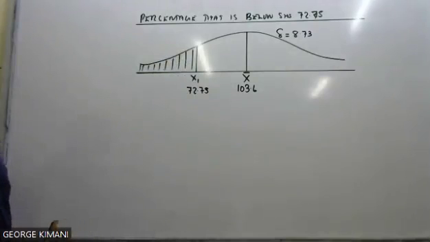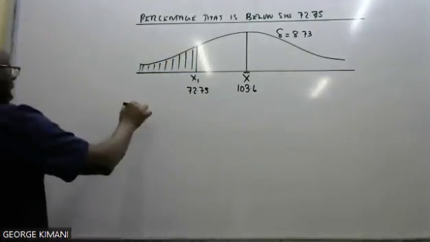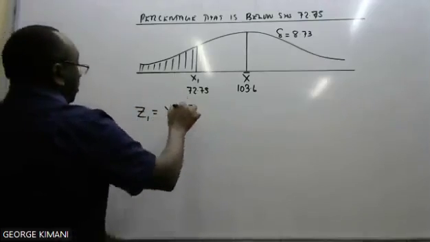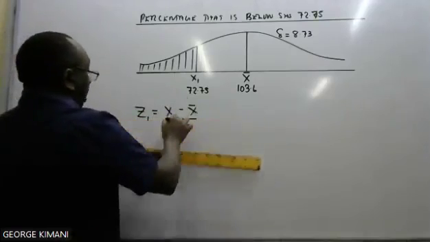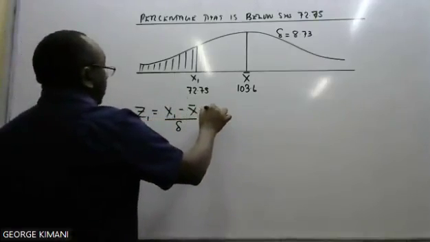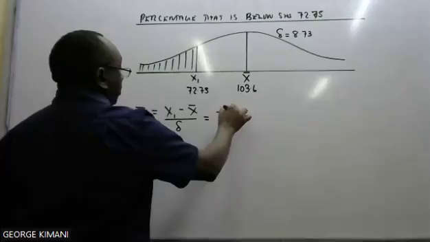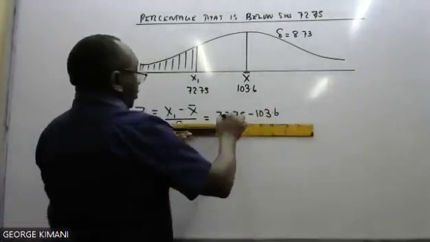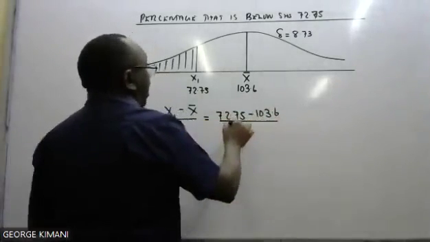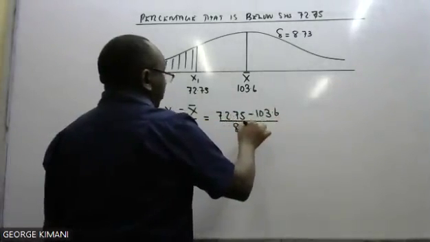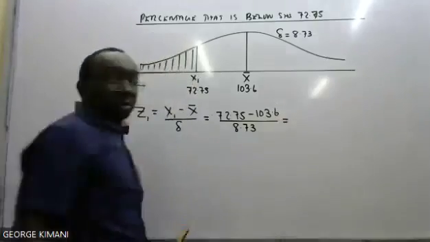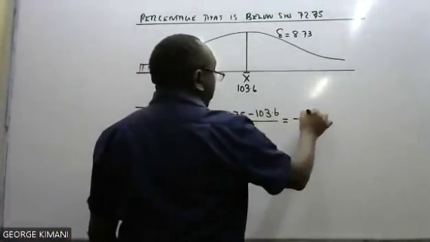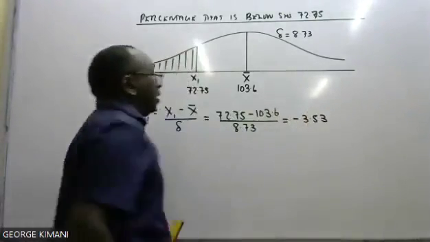So below here. So sasa my Z1 will be x1 minus x bar divided by standard deviation. So this is 72.75 minus 103.6 divided by 8.73. Negative 3.53.